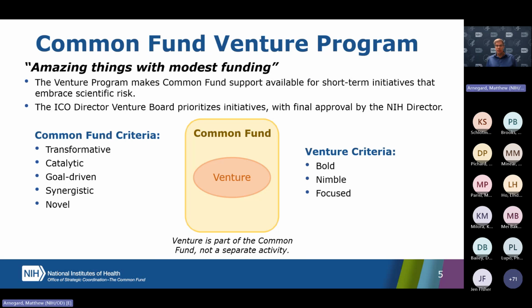To be a Venture initiative, we also expect the initiative to be bold, in other words, to make a daring investment that has potential for significant outsized impact. We want Venture initiatives to be nimble so we can implement them rapidly in response to specific scientific opportunities. And these initiatives are focused on clearly defined research topics with a limit of 3 years of funding and up to $5 million of support per year.